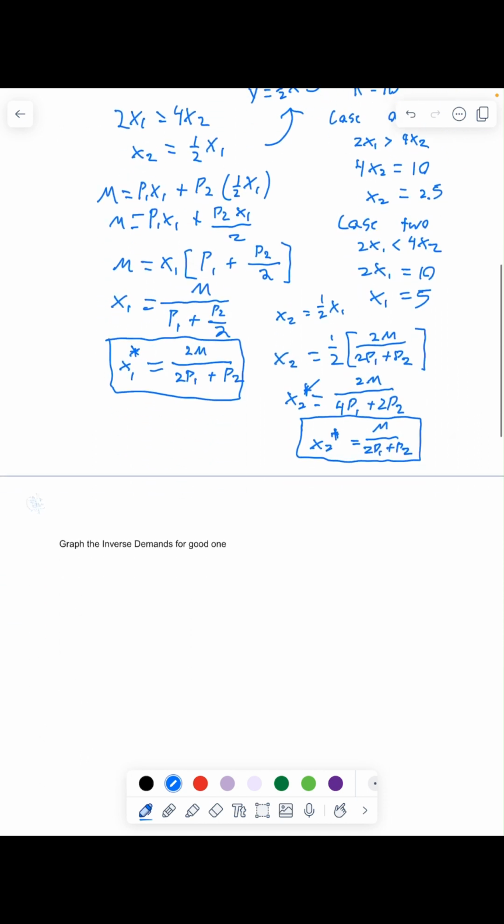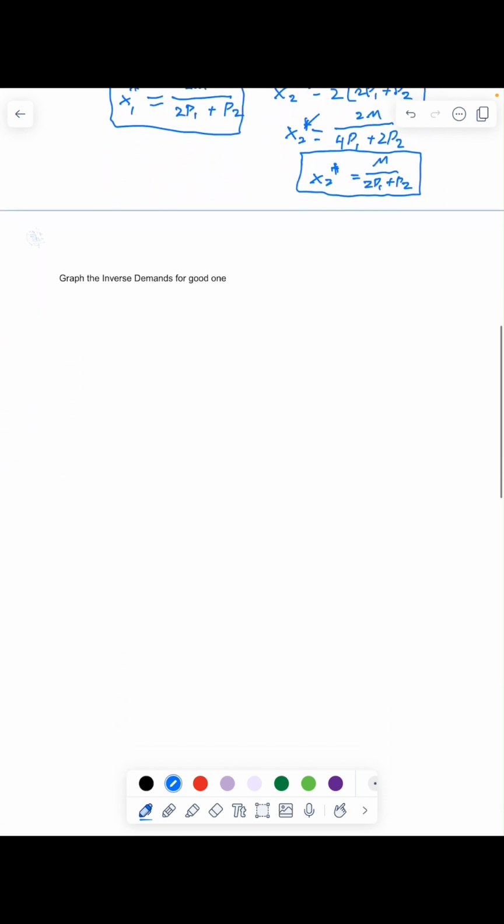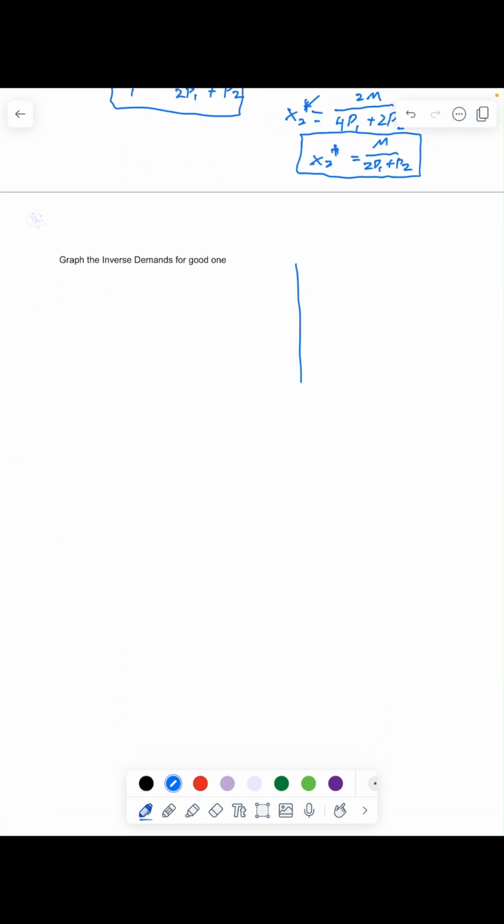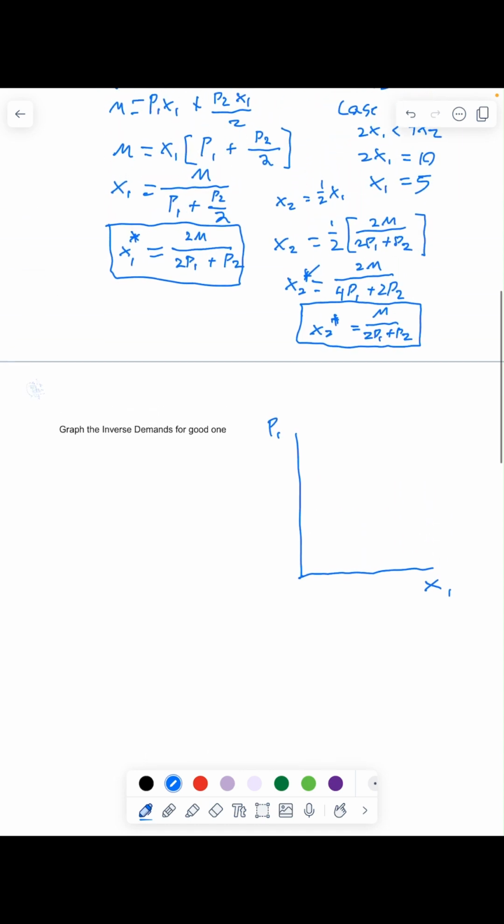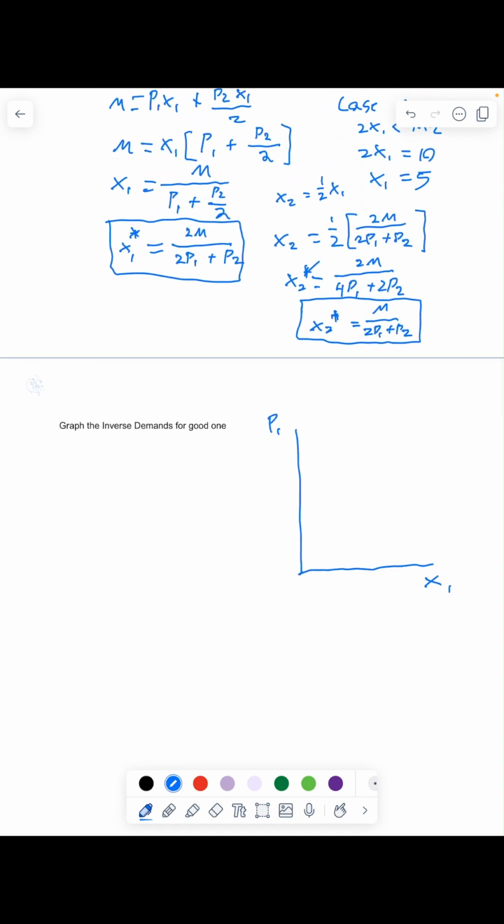So now that we have our two demands, we're going to look to graph the inverse demands, which is going to be just in terms of the price. Since we're doing it for good one, we're going to have P1 as our y-axis and X1 as our x-axis. Looking at our first ordinary demand, we had X1 equals 2m all over 2P1 plus P2.